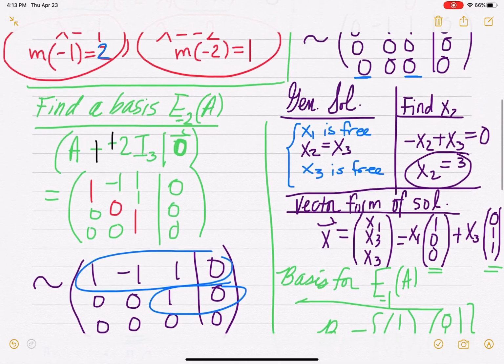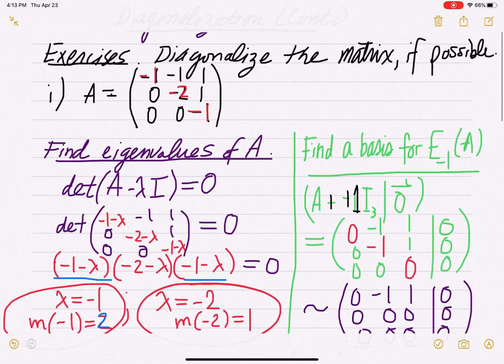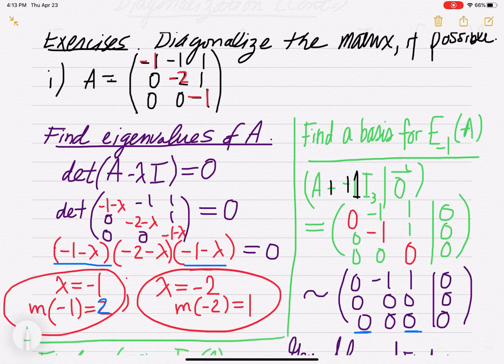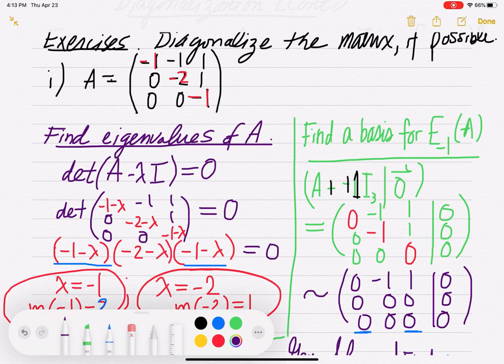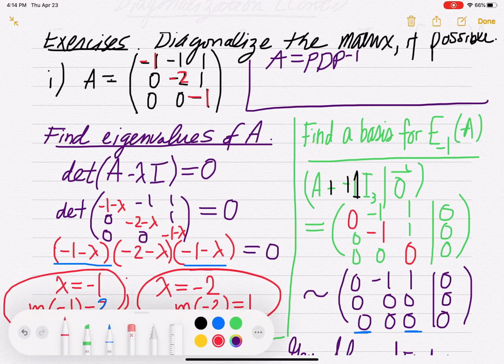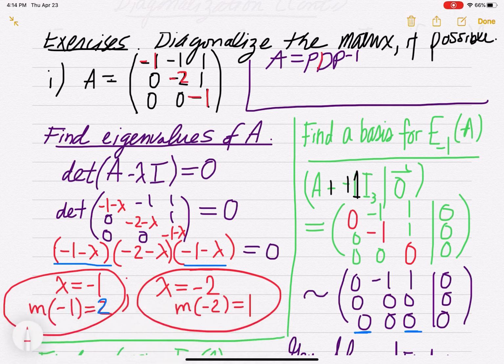So, question, what is the diagonalization of A? Here, I'm going to write it at the top, right? A is equal to P D P inverse, where D is going to be the following matrix.